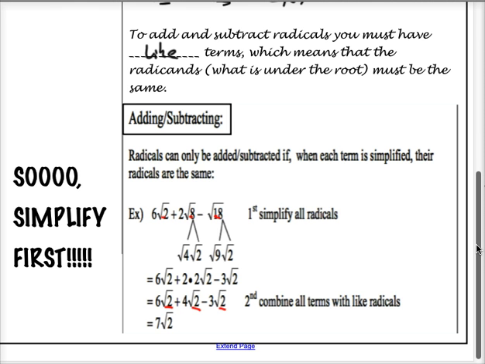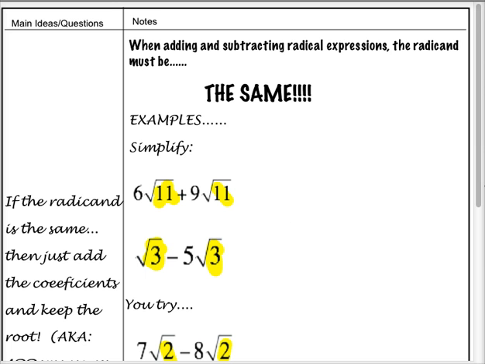All of them had that same base radical once you pulled out the perfect square. So, the very, very important first step to all of these problems is you have to simplify first. All right? If you can take a perfect square out of the radical, you must do so.